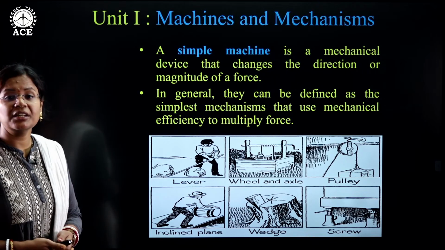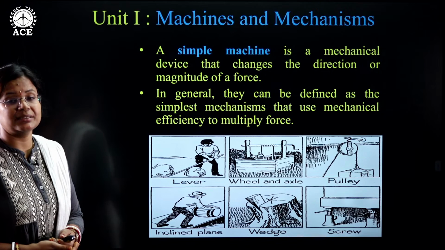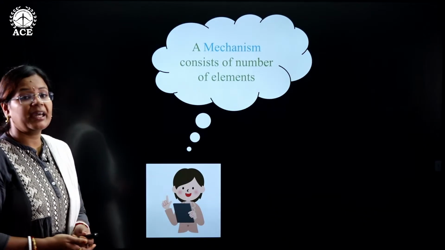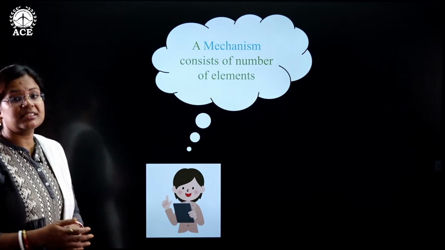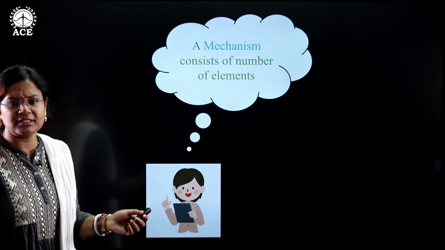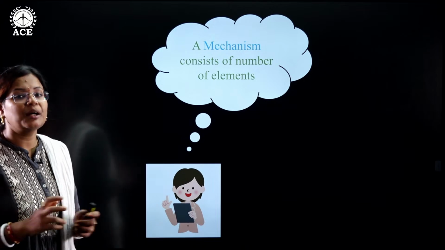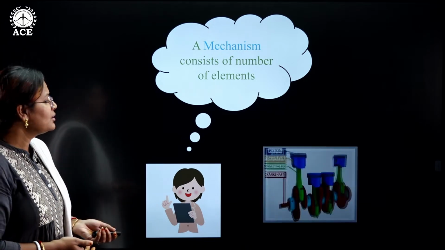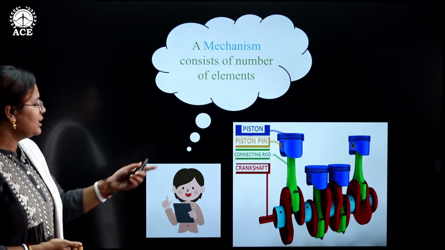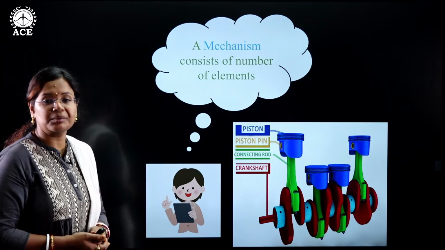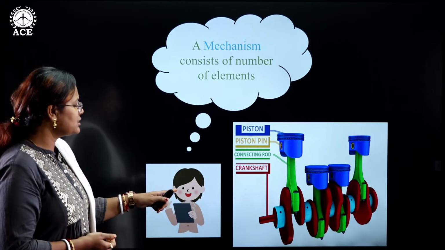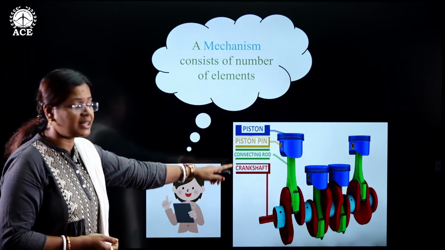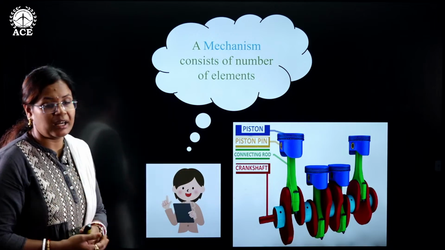So let us now see what is actually a mechanism. A mechanism is one which consists of a number of parts. Technically speaking, number of parts in the sense number of elements. For example, this is an arrangement you find in automobiles wherein you can see the crankshaft. These are a number of elements, a number of parts, that give some kind of work output.